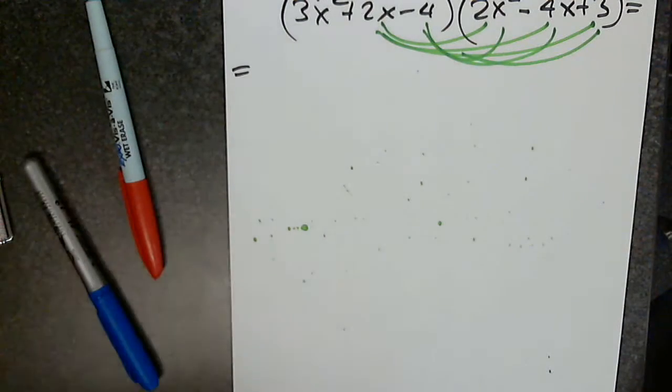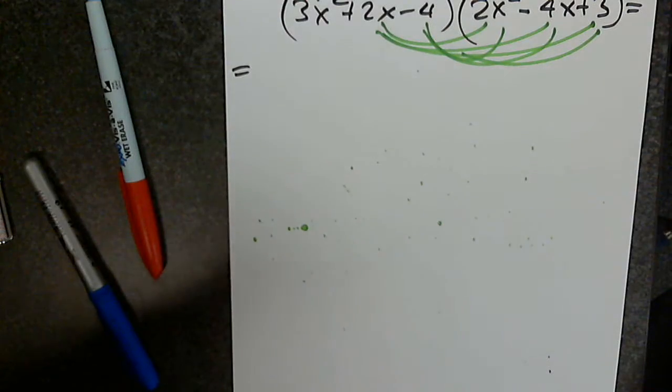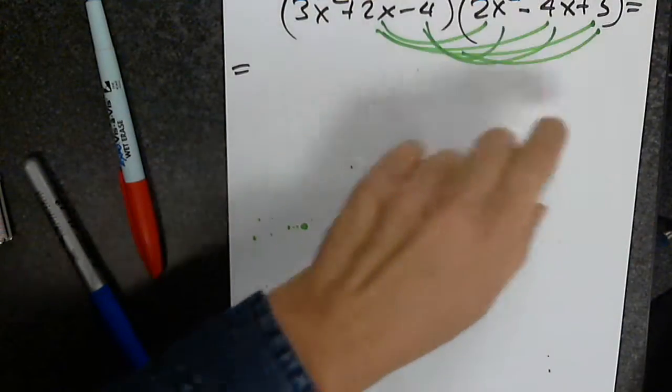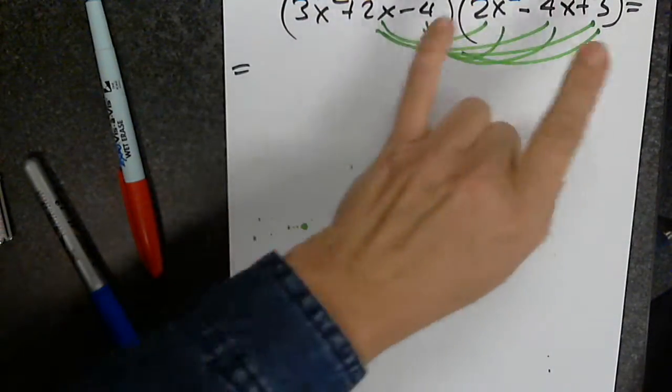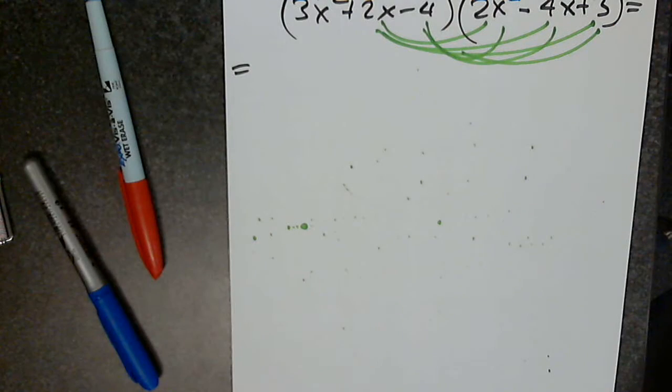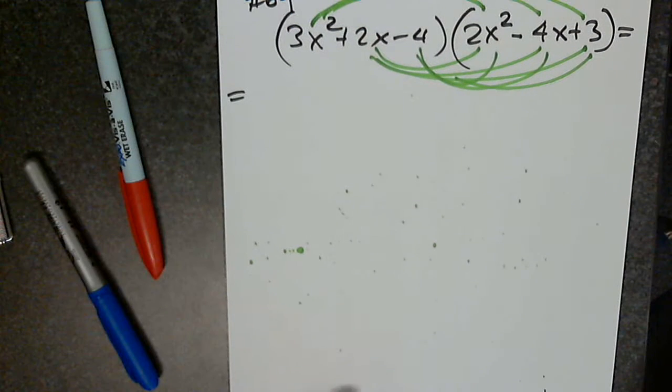So the first step, you have to have 9 terms. And then identify the degree, and so on.